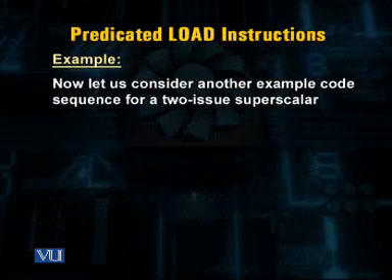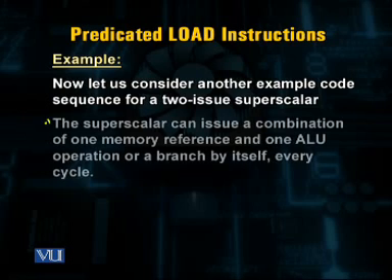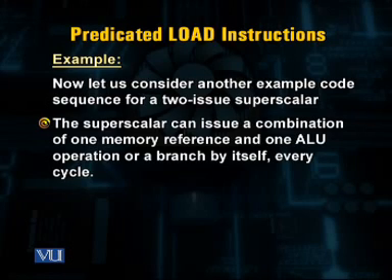Here is an example where we can consider the case of two code sequences for a two-issue processor. Assuming that this two-issue processor is superscalar, it can issue a combination of one memory reference and one ALU operation, or a branch operation by itself in every cycle.